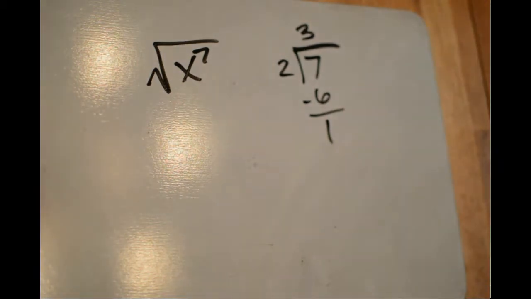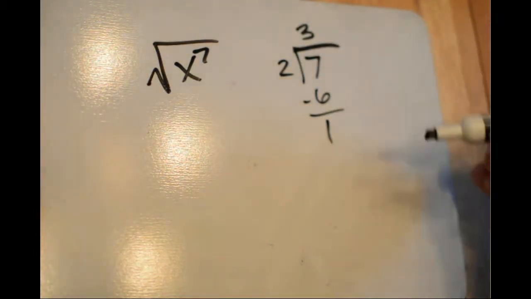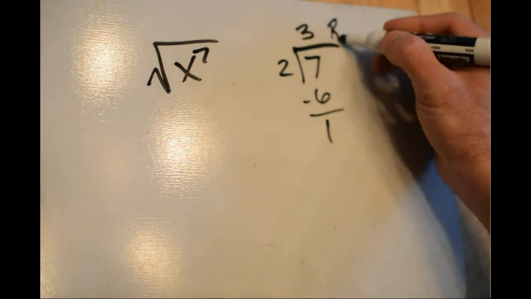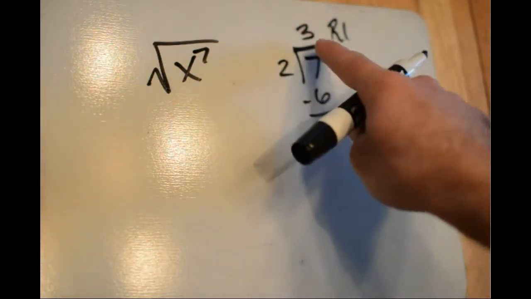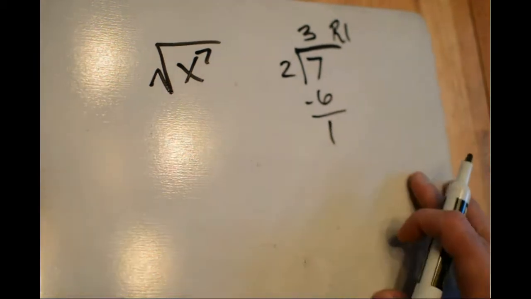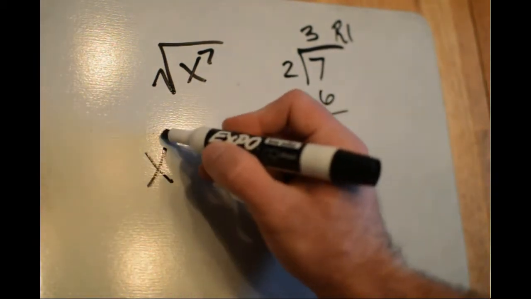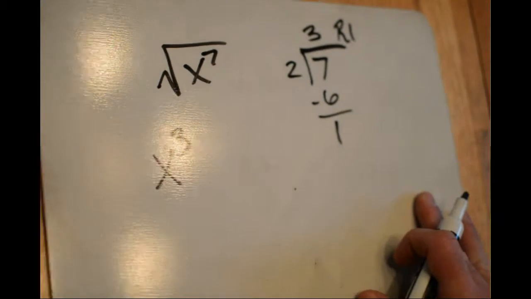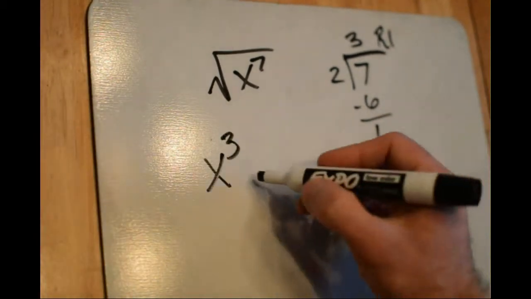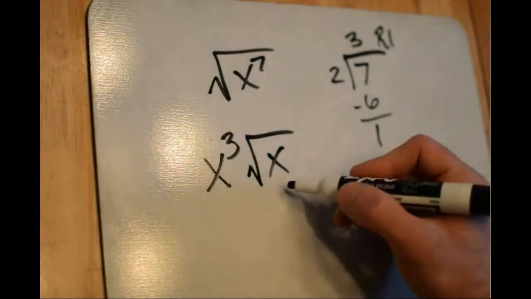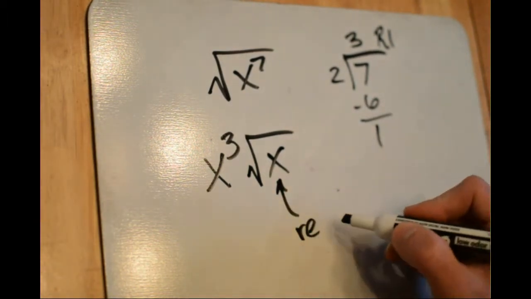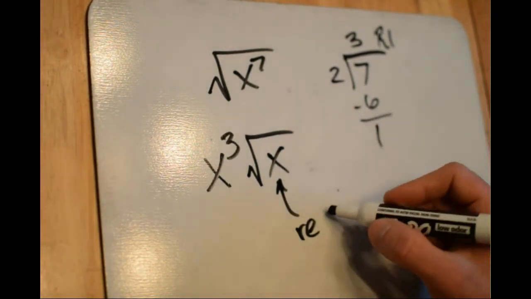And we're left with 1, and 2 does not go into 1, so that means we have a remainder. So when we divided this by 2, we have 3 remainder 1. So we have x to the third on the outside of a radical, but we have a remainder on the inside. Anytime you're dividing and you get a remainder, you're going to have that power still left over on the inside.